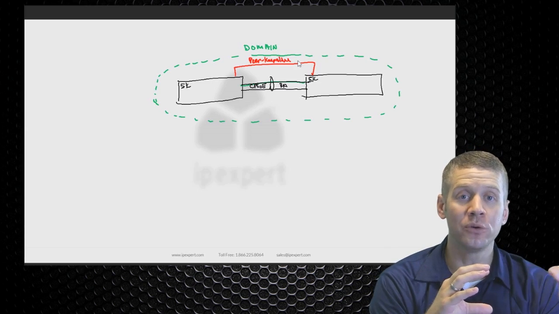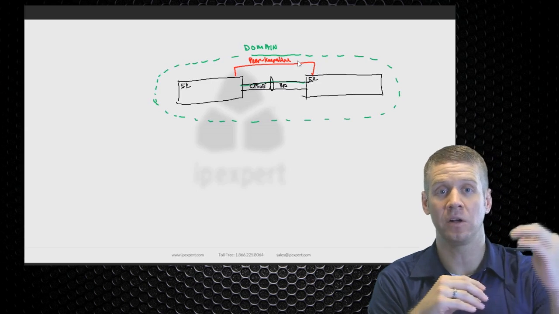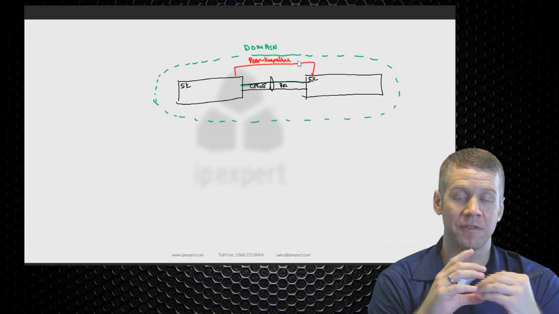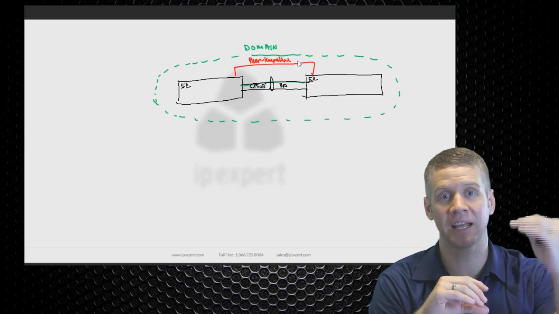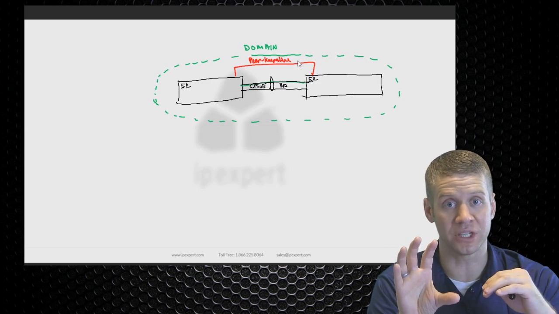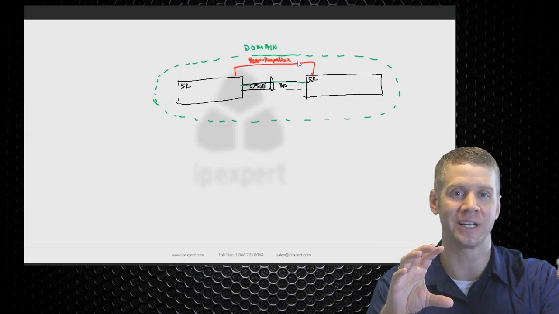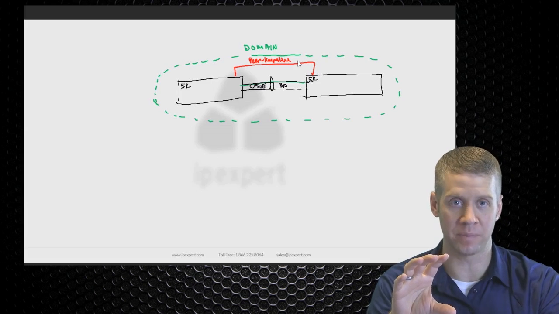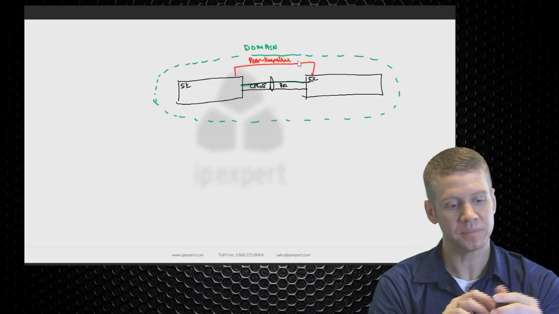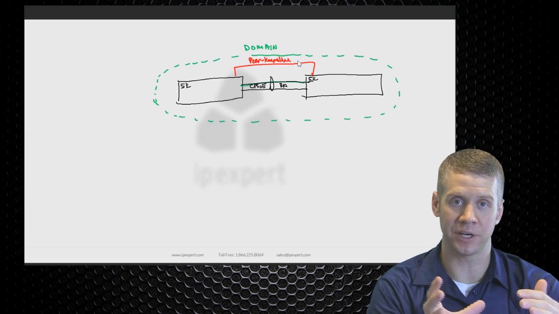If we lose the peer link, we want to be able to tell if our peer is still alive. If we lose the peer link but we're still getting a keep alive message, we know that the active switch is still there, and then the secondary switch is going to need to take some action, like shutting down its SVIs and its VPC ports. These are the crucial pieces of this VPC domain.